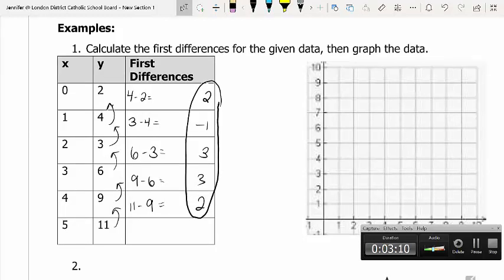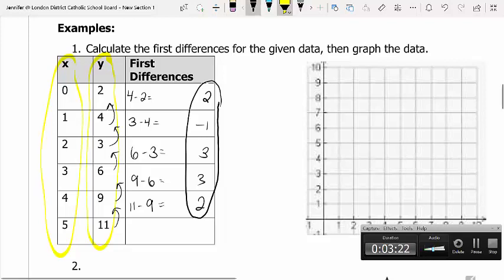So remember, to graph the data, we only use the x column and the y column because that's what makes up our points. The first differences have nothing to do with the actual coordinate point. So the points that we're going to plot are as follows. The first one is going to be 0, 2. So 0 and 2 is right there.